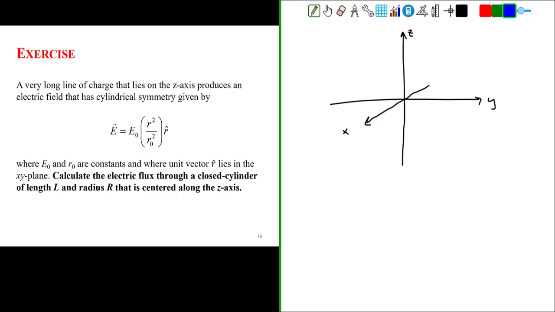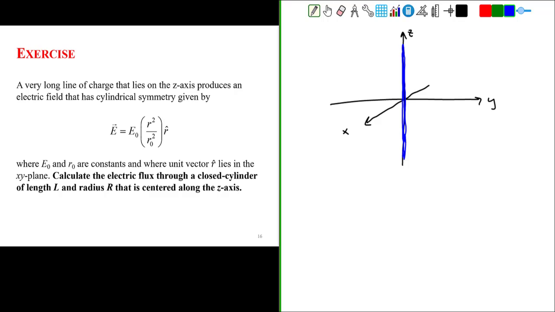Our line of charge is parallel to the z-axis and lies along the z-axis. And this is a very long line of charge, so for all intents and purposes, we could consider the length of this charge to be infinitely long. At least that's what the code words very long line of charge means.